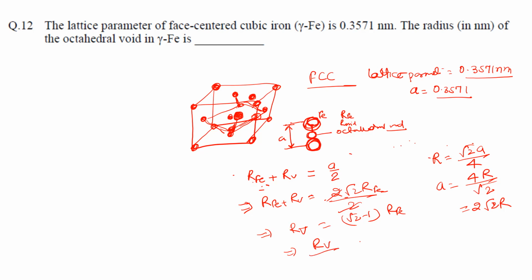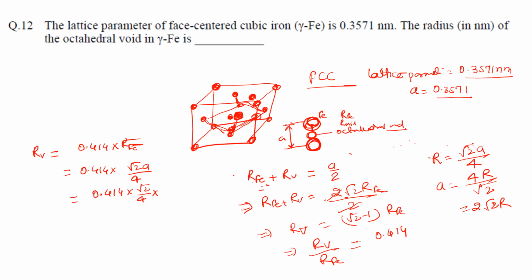So R V upon R Fe is equal to 0.414. So the radius ratio is 0.414. We need to find the size of the void. So R V is equal to 0.414 into R of Fe, and R of Fe we know is root 2 a by 4. So 0.414 times root 2 by 4 into a.